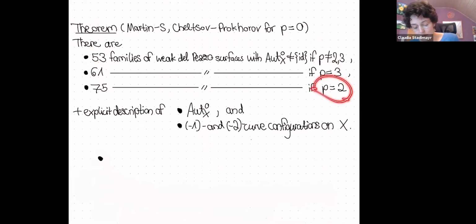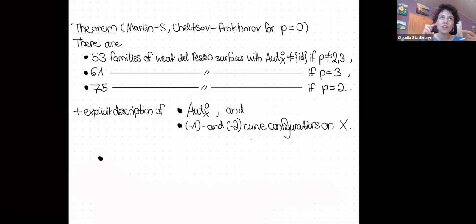And in characteristic 2, there are even more than that, 75 such families. And moreover, the approach using Blanchard's lemma allowed us not only to determine whether or not the space of global vector fields is trivial or not, but we can actually even compute Aut_X^0 explicitly. So explicit description of Aut_X^0.